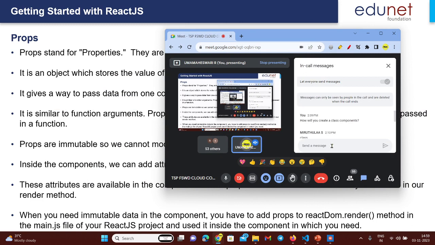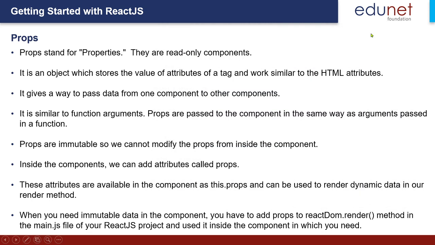Yes or no? Is it possible in React state? Yes. Within a single component, we can. If it is from one component to another component, it is not possible. Clear? So that is the answer for React state.